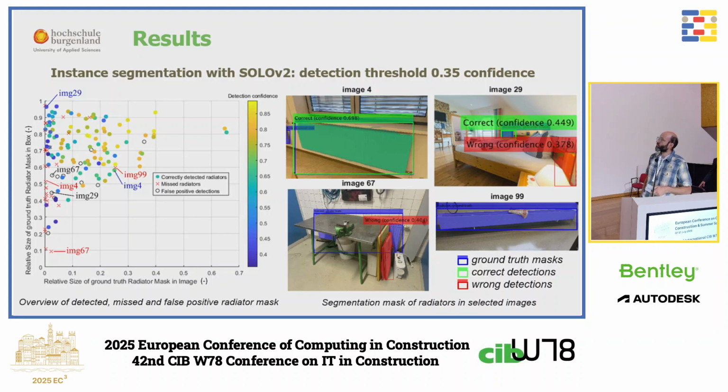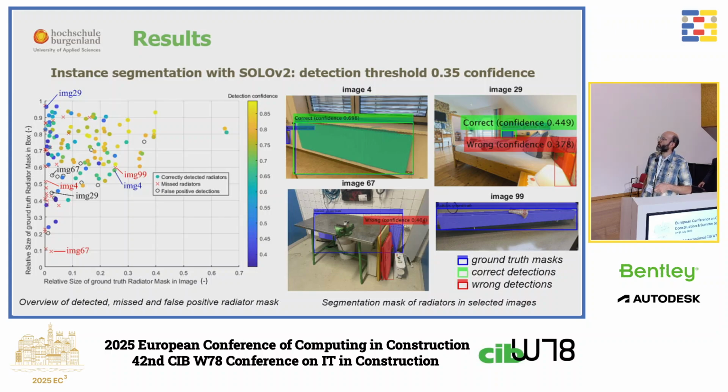You see here for this confidence threshold, the detection is rather good. With this threshold, the detection confidence decreases for small objects, more blue here. We have a few missed radiators because of the shape here, for example, or also because of radiators that are significantly hidden.